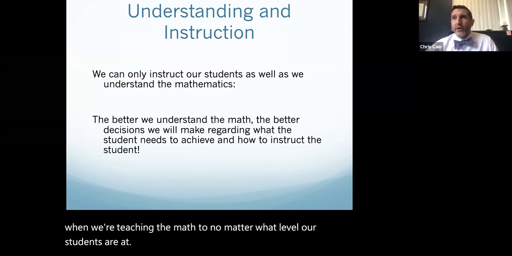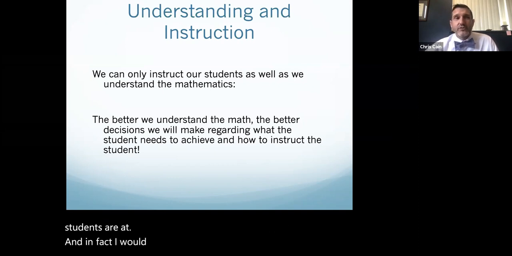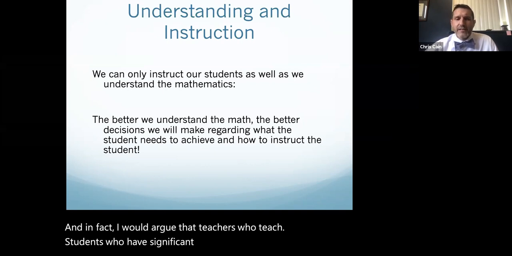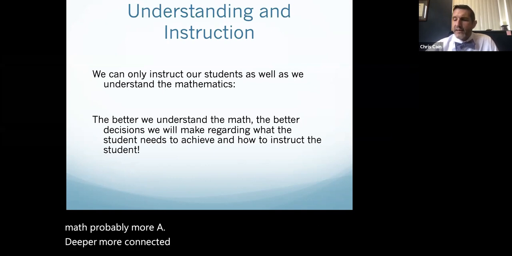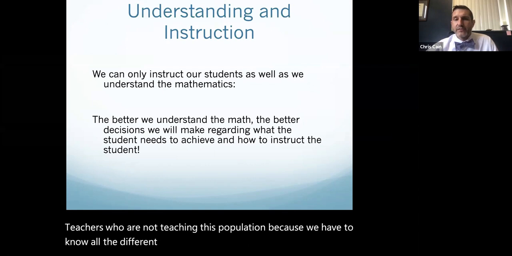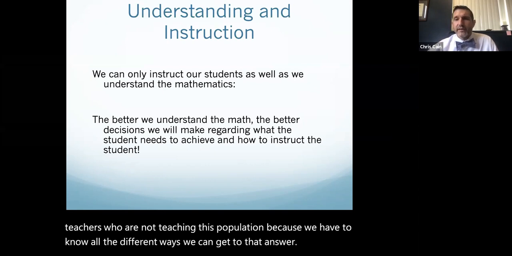And in fact, I would argue that teachers who teach students who have significant disabilities need to understand the math probably in a deeper, more connected manner than teachers who are not teaching this population, because we have to know all the different ways we can get to that answer because our students all get there differently.